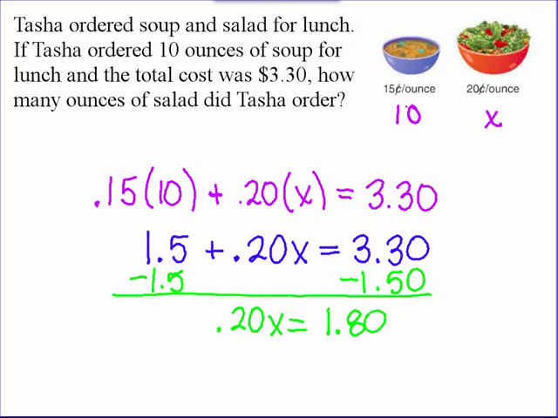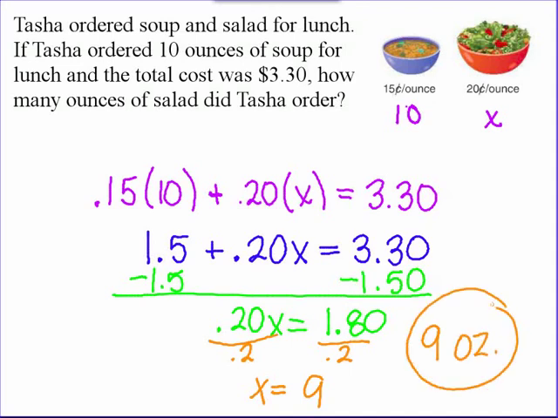What do you do now? Divide by 0.20, and you get x to equal 9. So how many ounces of salad? 9 ounces of salad. Questions on that? That's an example of a mixture problem.